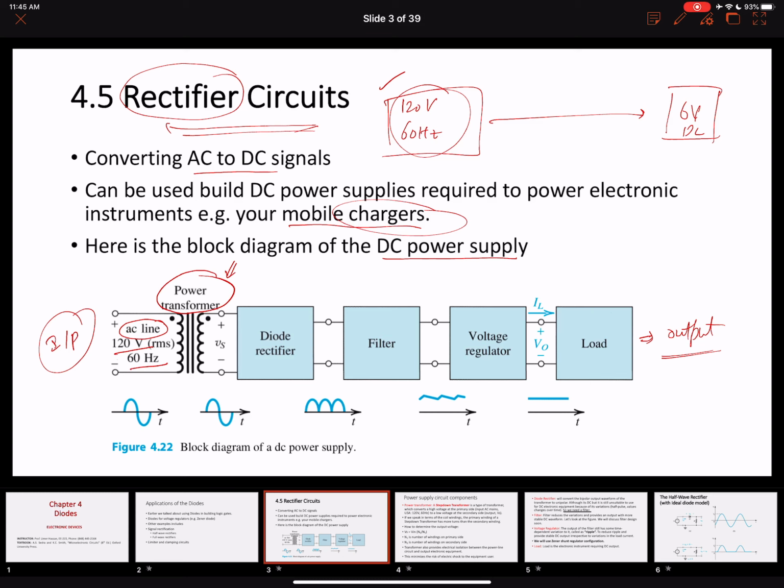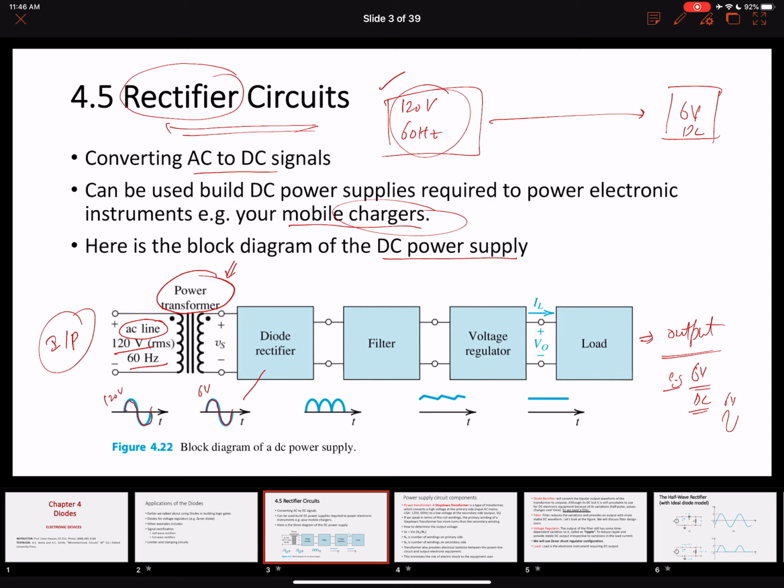So for example, if this is 120 volts, and I want my output to be 6 volts DC, of course, the first step is, rather than having a sine wave of 120 volts, to make a sine wave of 6 volts. So the first step will be stepping down. I will step down my voltage, and I will use a step-down power transformer to do it. So let's suppose now I get the 6 volt AC signal after operating with a step-down transformer.